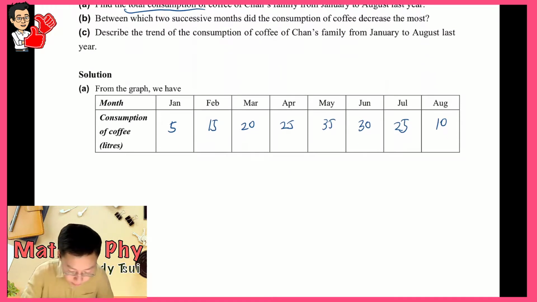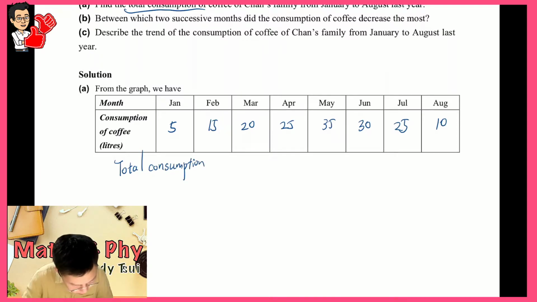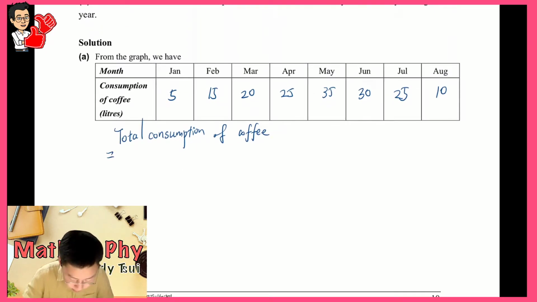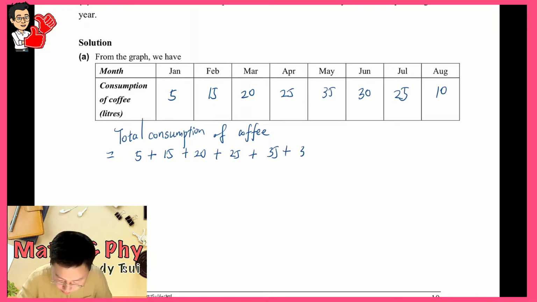So we write down the total consumption of coffee equals 5 plus 15 plus 20 plus 25 plus 35 times 30 times 25 times 10.